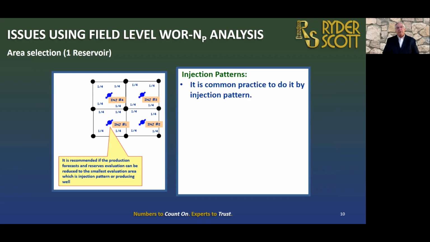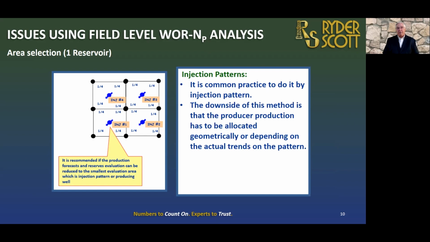Well, injection patterns. It's common practice in the industry to do it by injection patterns, if it is a pattern water flood. The downside of this method is that the producer production has to be allocated geometrically or depending upon the actual trends on the pattern itself.